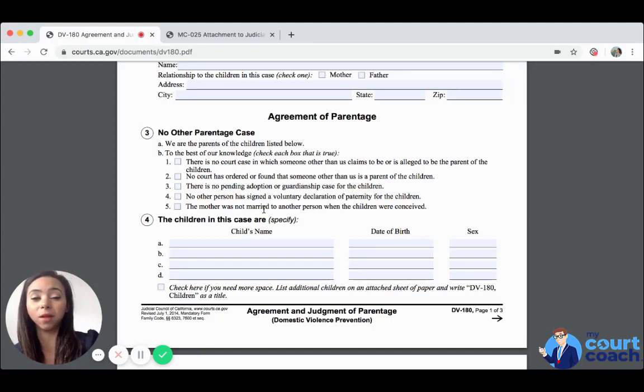So the court by law would say that the husband is in fact the dad, or legally he's the dad. And so there's a whole process to get around that, but she must not be married at the time of signing this, and also not have had the child when the child was conceived during their marriage.